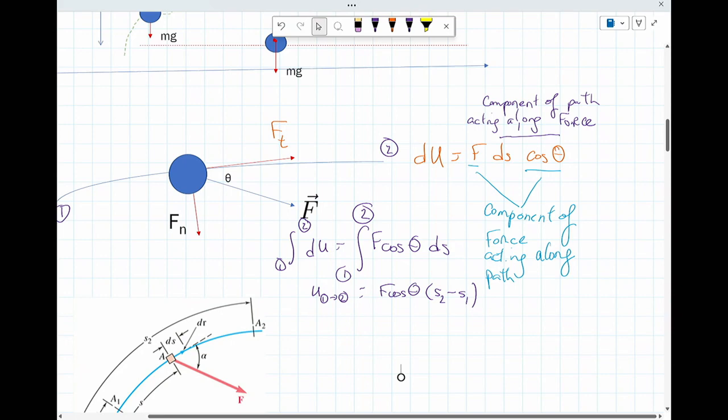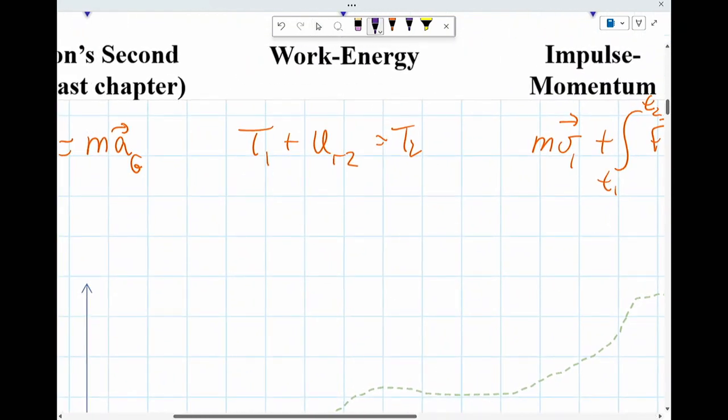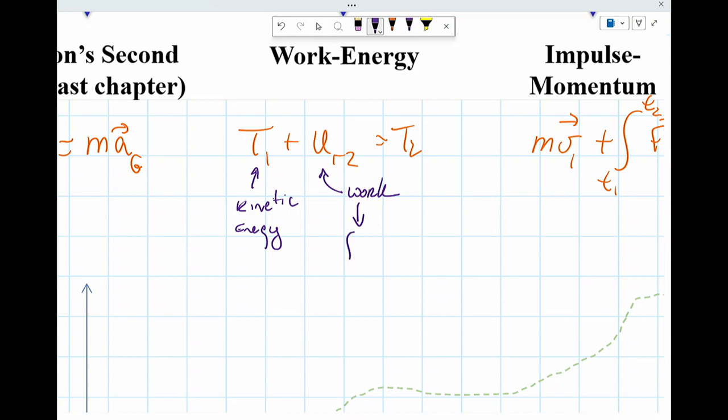T was in the previous slide, capital T. This will eventually be, I'm going to define that today, kinetic energy, and U is work, and this is F ds. And T will eventually be 1/2 mass times the velocity squared of this particle. So the particle is going to be moving with some velocity. We haven't gotten there yet, but that's where I'm going to define things.